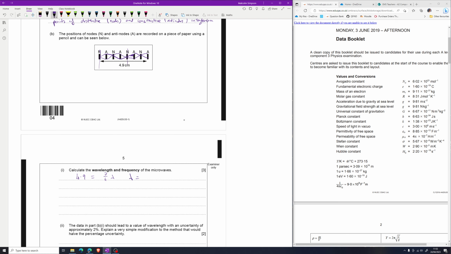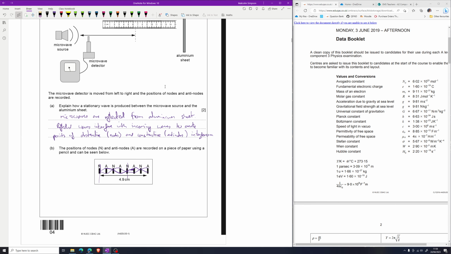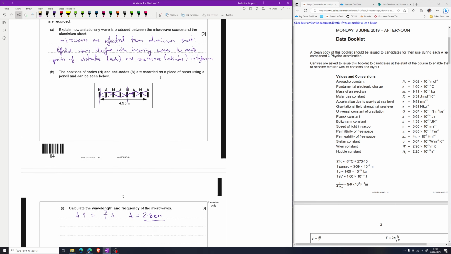So therefore lambda is equal to 2.8 centimeters. Careful with the units. Frequency, we're going to use the wave equation.